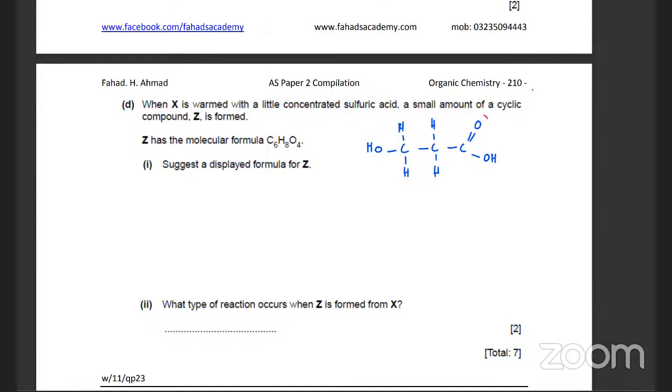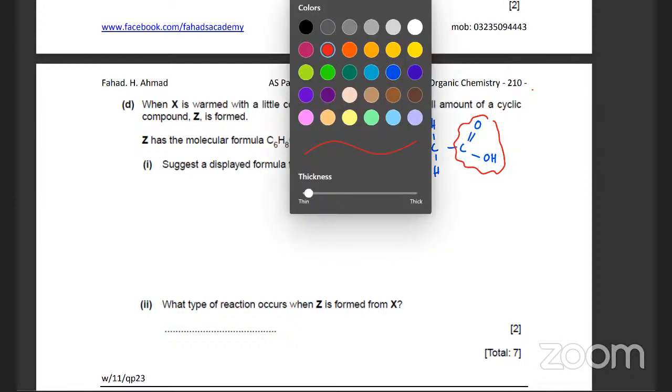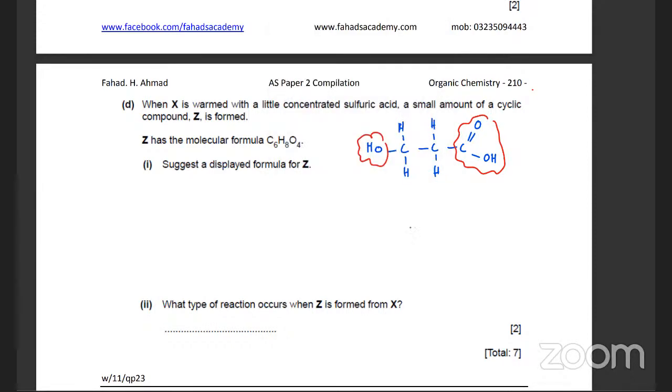We know that carboxylic acids and alcohols react together to form esters. Remember, there are 3 carbon atoms, and Z has 6 carbon atoms. So the same molecule reacts with itself. There would be another version of the same molecule.